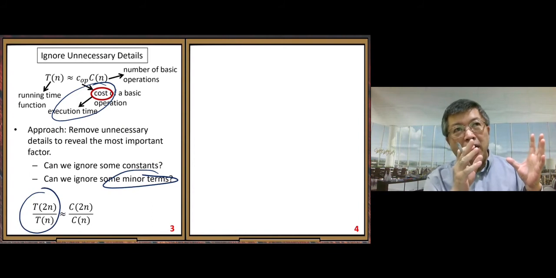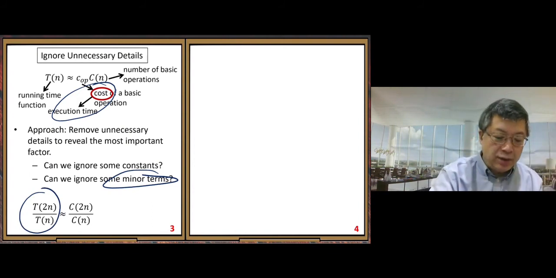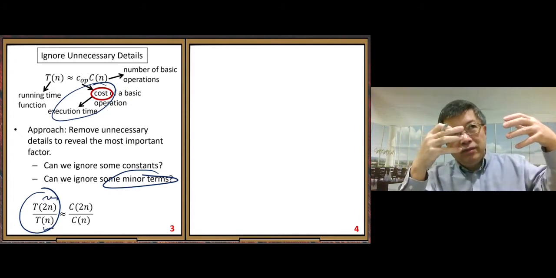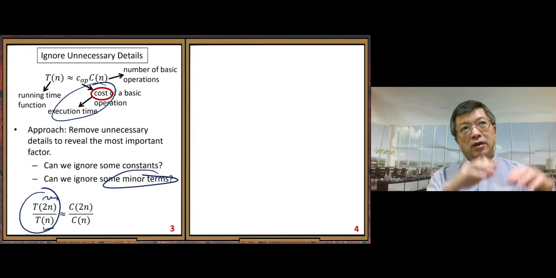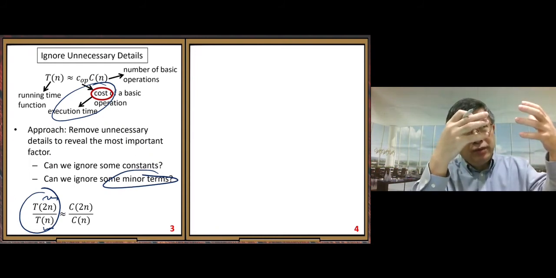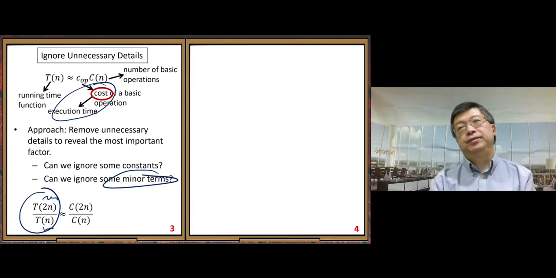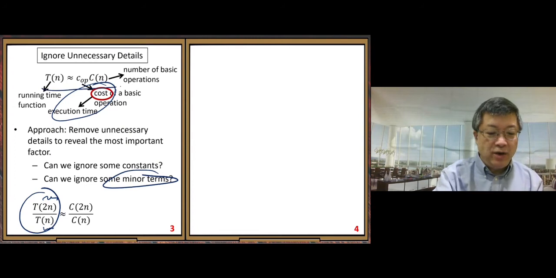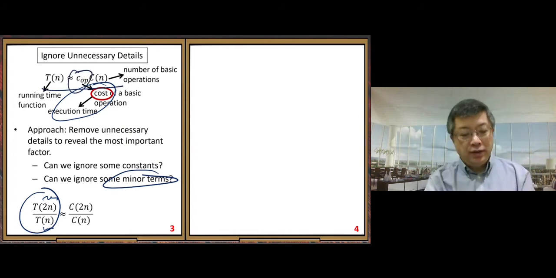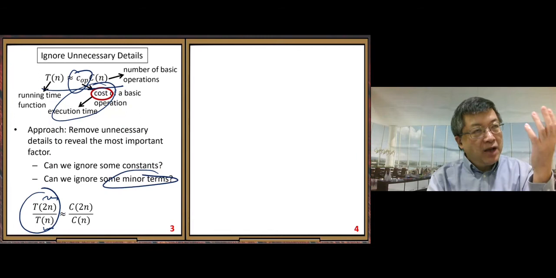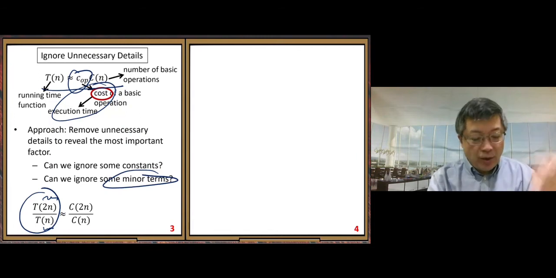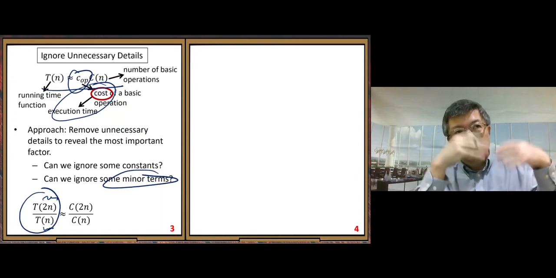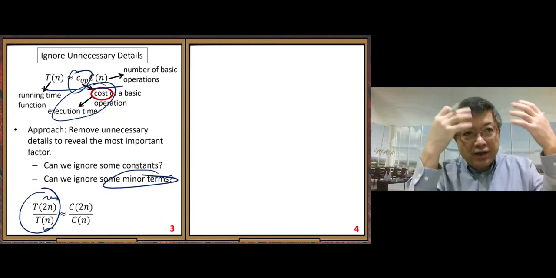The meaning is, when you double the data size, 2n, the running time ratio after you double the data size is approximately equal to the formula. When you use this formula, the constant cancels out, so it is approximately the same as the ratio of the counting function when the data size is doubled.